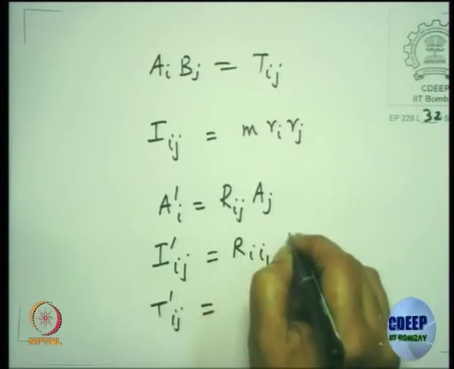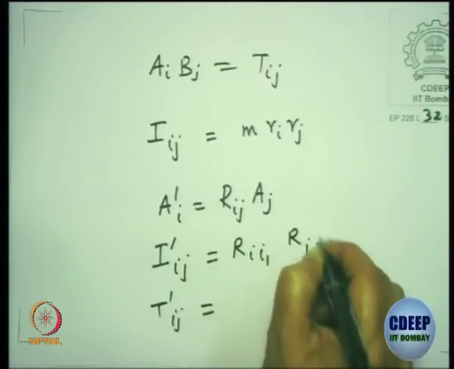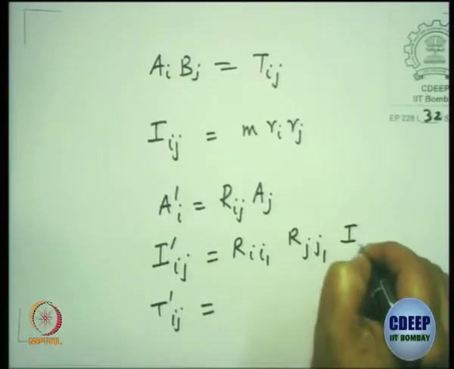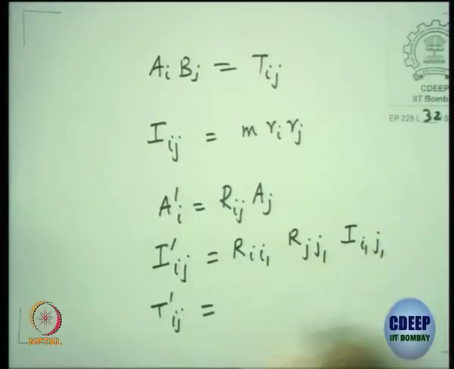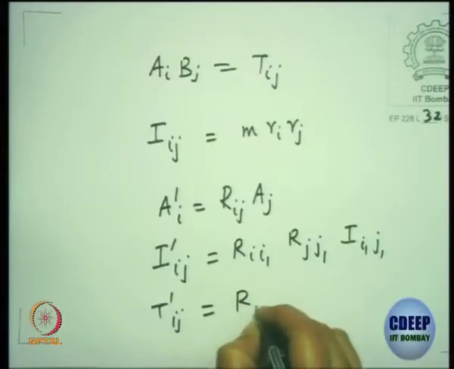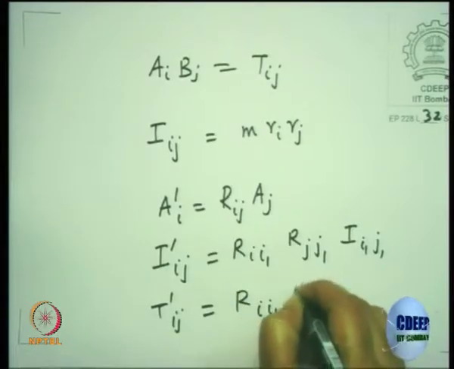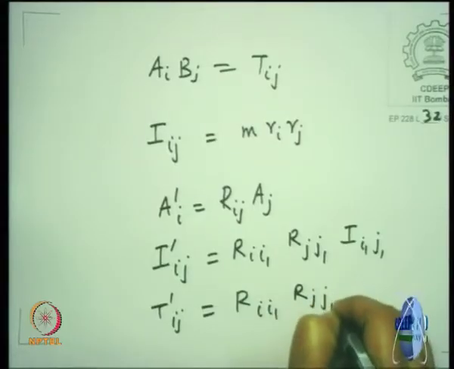Ri i1, Rj j1, similarly this one also, it's the same R matrix.